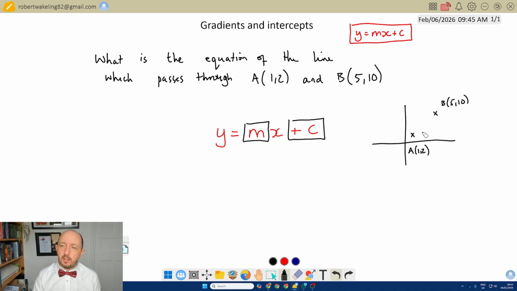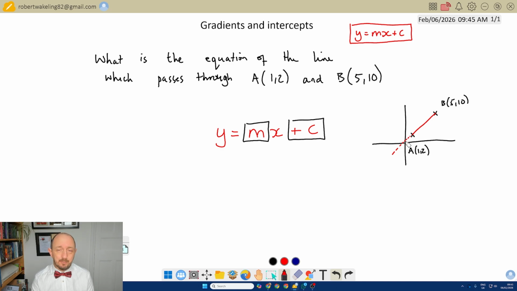A quick sketch like this will help us to see that our line is going upwards from left to right, so it's positive. And we can get a rough idea perhaps of our y-intercept. Not that we would be very accurate with that, but it helps us to see roughly where that might be.